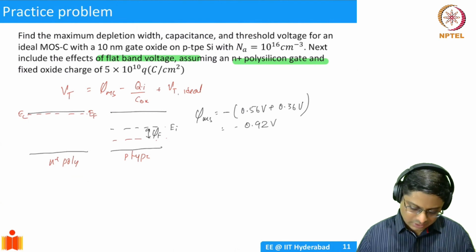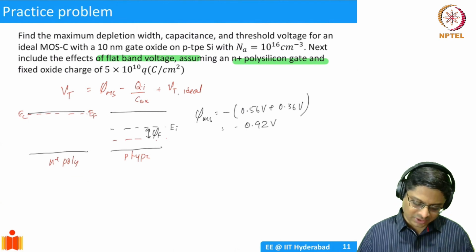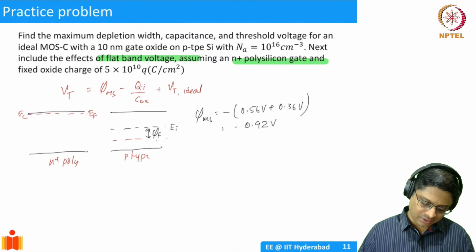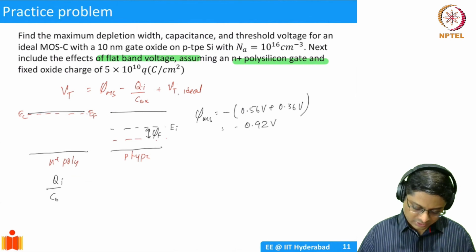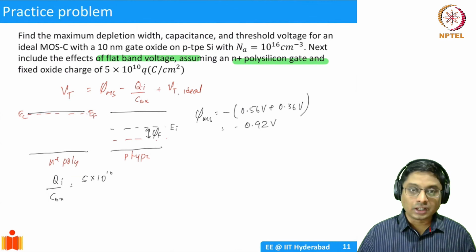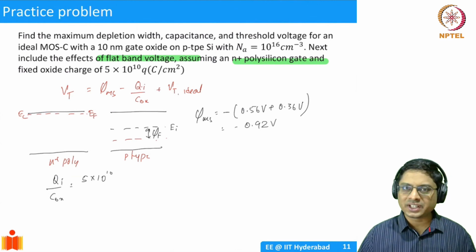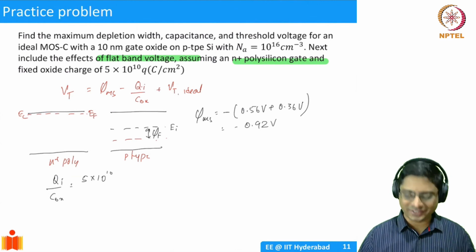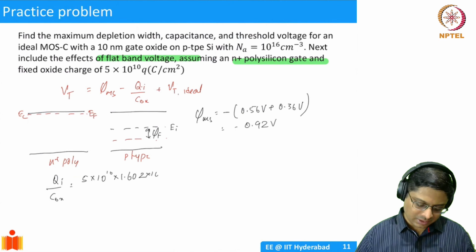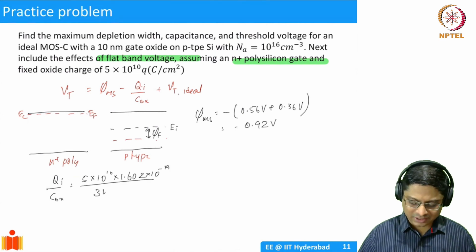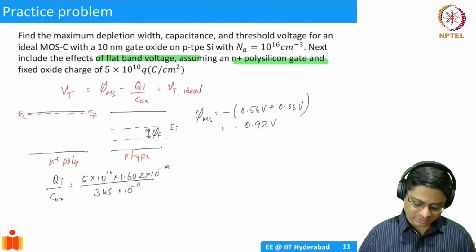All right. What is going to be my correction due to the fixed oxide charge? Well, Qi by C oxide. My Qi is 5 into 10 power 10. Okay. Many times we make a mistake of leaving it at this and it will give you an absolutely crazy answer. This has to be multiplied by the charge, 1.602 into 10 power minus 19, divided by Cox, which is 345 into 10 power minus 9, right?